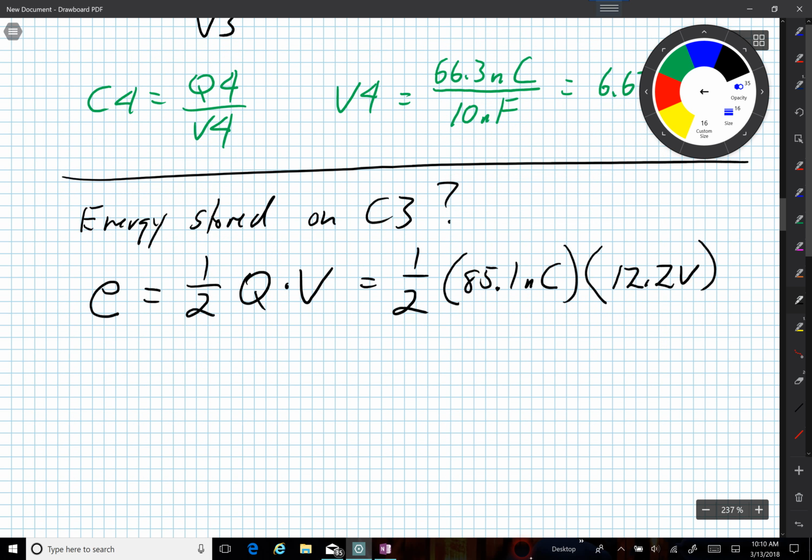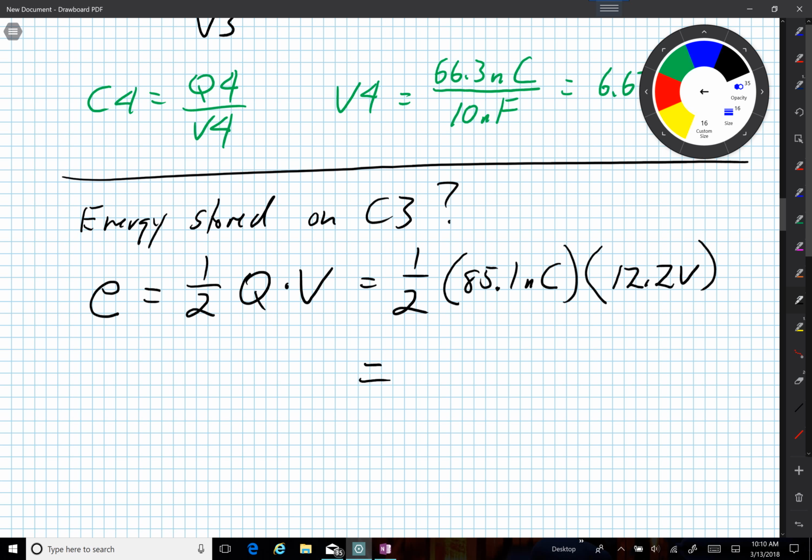And so if I do this correctly, I'm going to get, let's see, 85.1 nanocoulombs times 12.2, and then divide by 2.